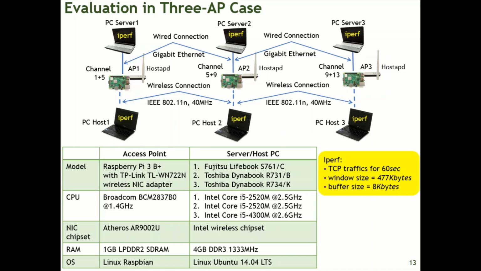And then we use iPerf software to measure the throughput by generating TCP traffic for 60 seconds. And then we use this window size and buffer size. And then the RSS is measured using iw commands.